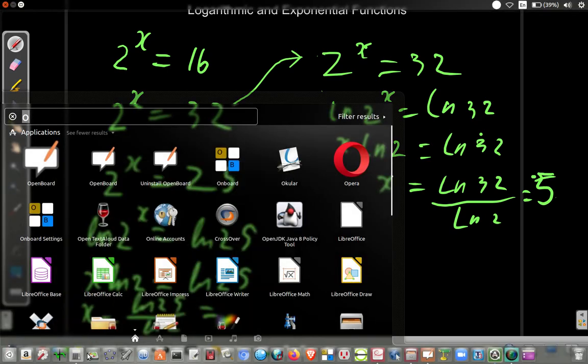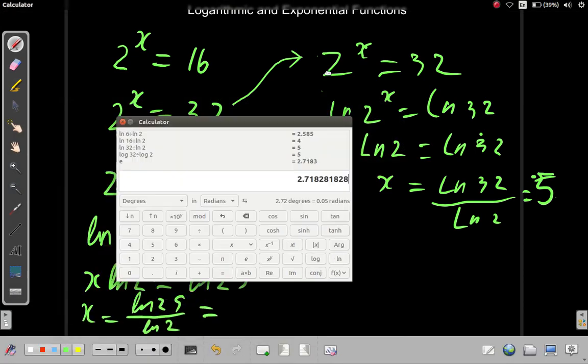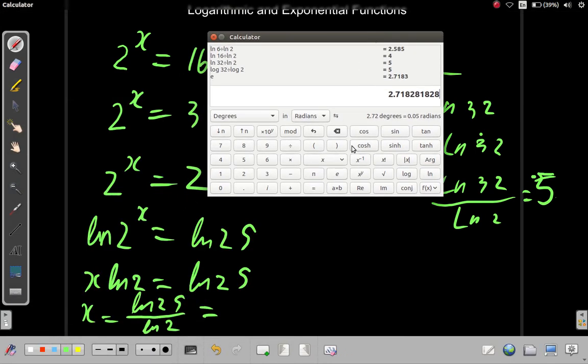What does that give you? Let's find out. We have ln 25 divided by ln 2 equals 4.64385 and so on and so forth. If you use common logs, it's the same thing that you will get.